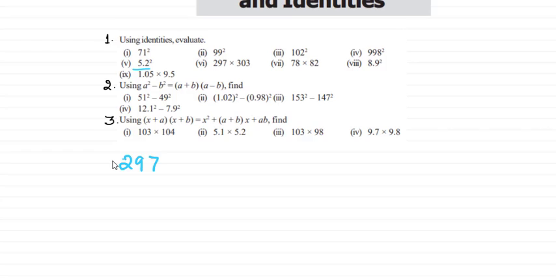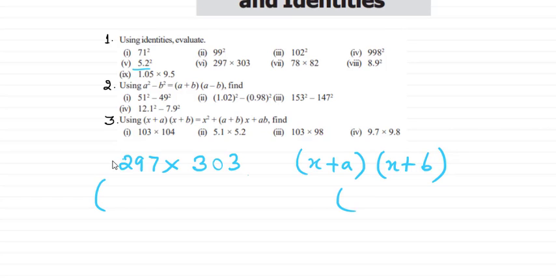Here this type also you can solve: 297 into 303. In these type of questions you can solve it using the formula x plus a into x plus b. First term you can make the same and then try with that, or sometimes you can also use x plus a into x minus a. That can also be done.